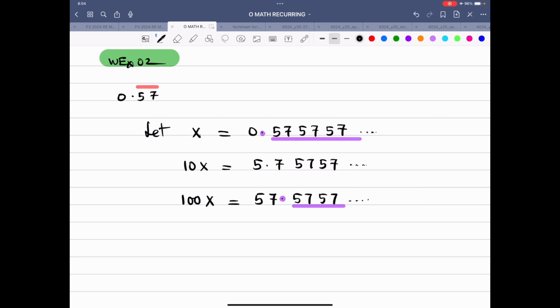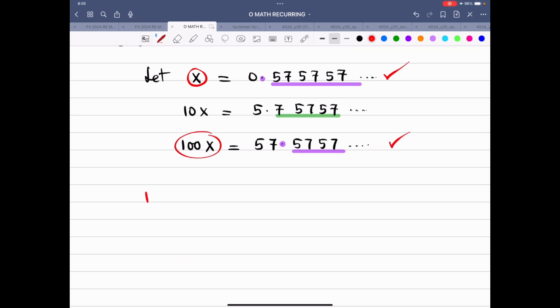Let me use a green color right over here. So this is different. Now focus on this. This thing after the decimal, this thing after the decimal is the same. So this time I'm working with x and 100x.